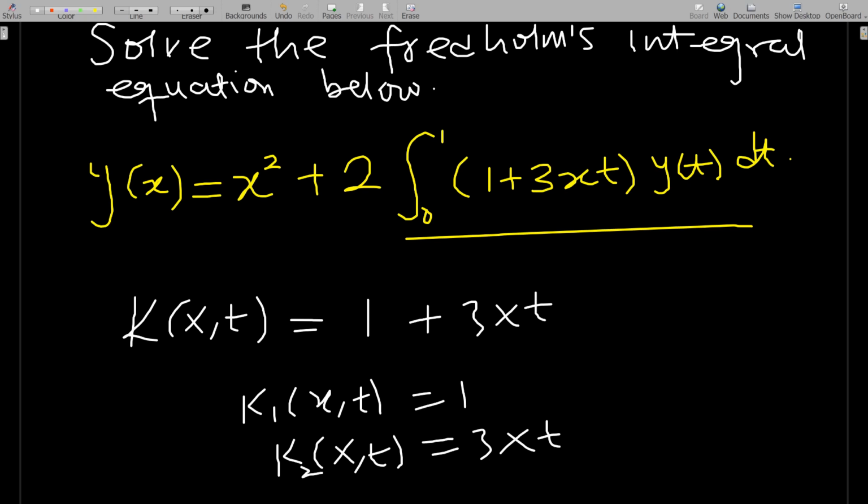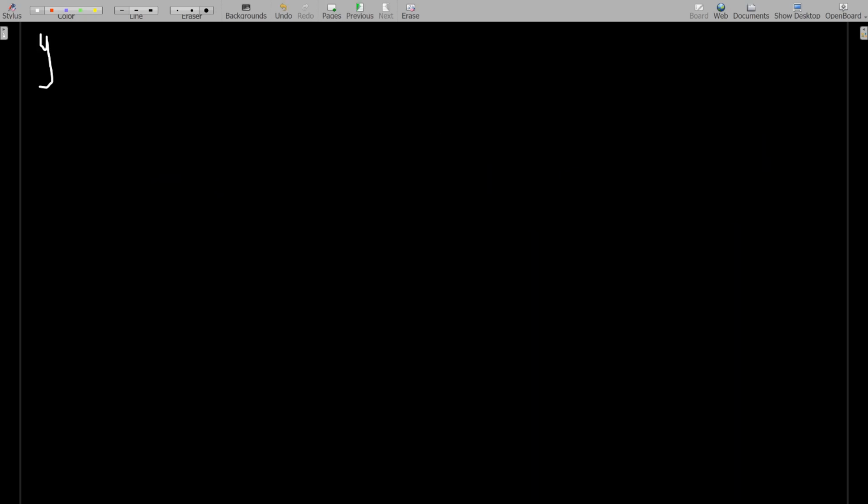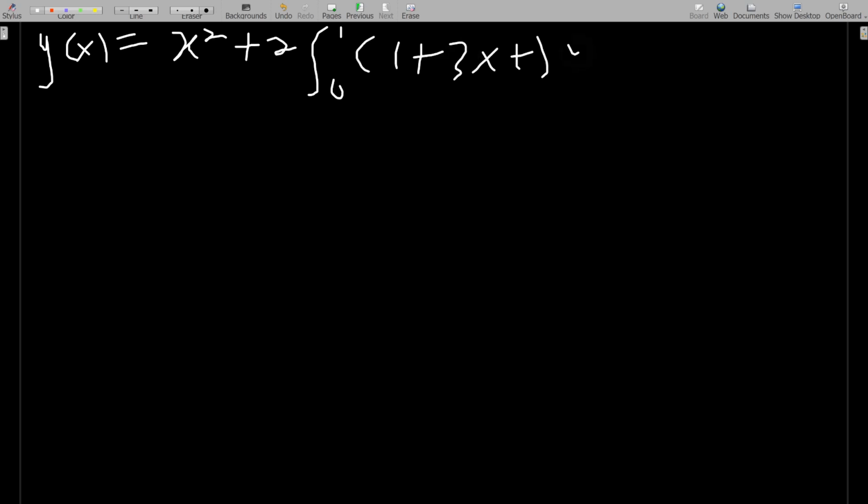So this is what I mean: if the question is y of x equals x squared plus 2 into the integral from 0 to 1 of 1 plus 3xt times y of t dt, then what you have to do is expand this.